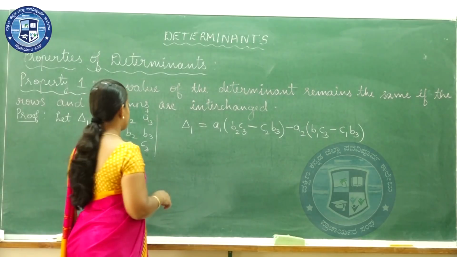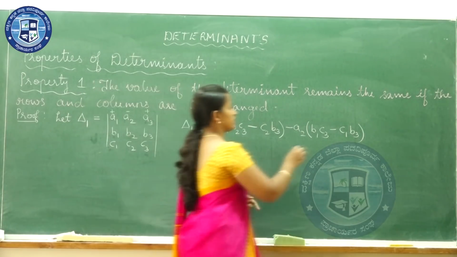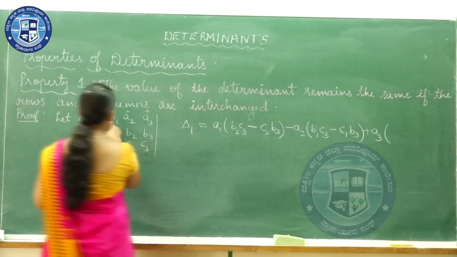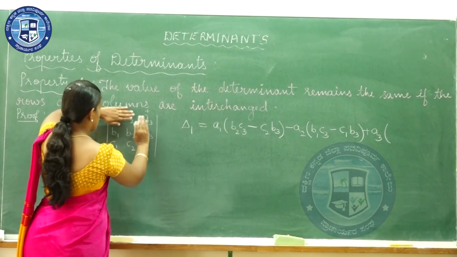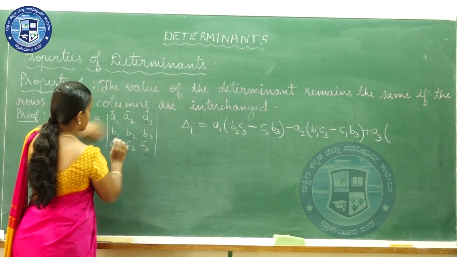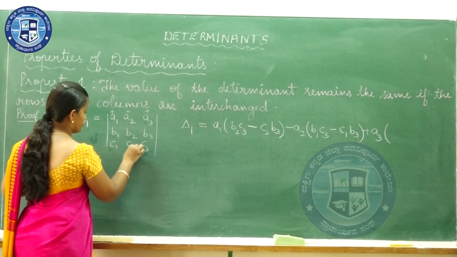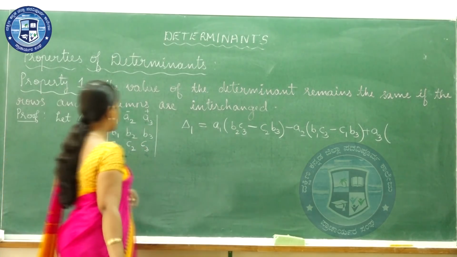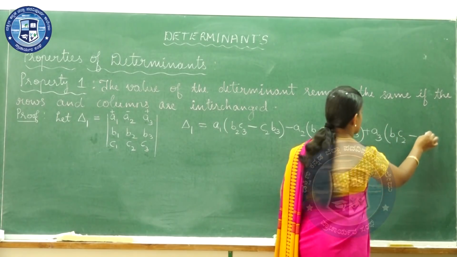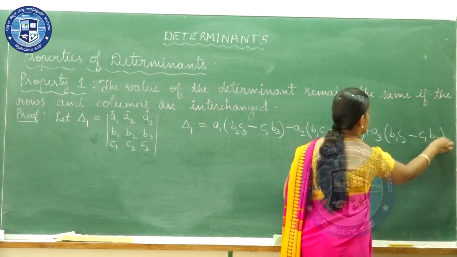We will be avoiding that step. So plus A3 into, delete the row and this column. So what will remain? B1, B2, C1, C2. So how to find out the determinant? B1, C2 minus C1, B2.